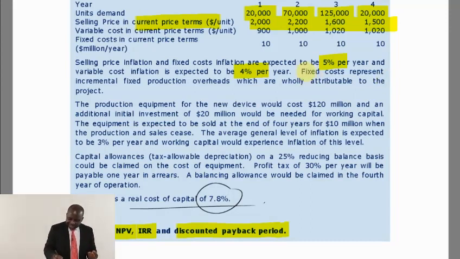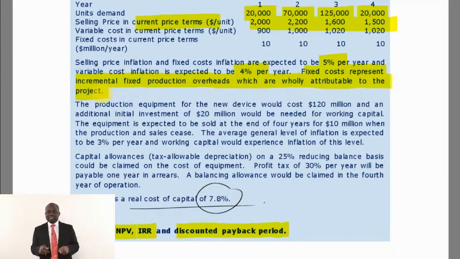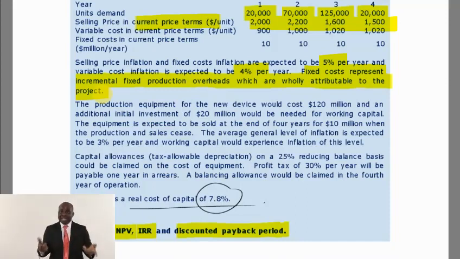The question is telling us here that the fixed cost is incremental fixed production overheads, which are wholly attributable to the project. And that is telling me that this fixed cost will be incurred specific to this particular project because it's directly attributable to it. And therefore, this fixed cost is going to be relevant. Each year, the fixed cost is giving us 10 million.